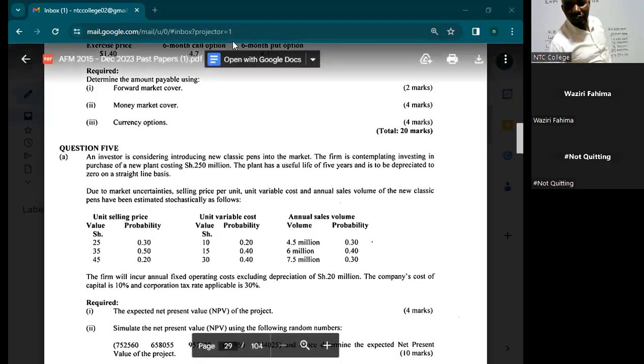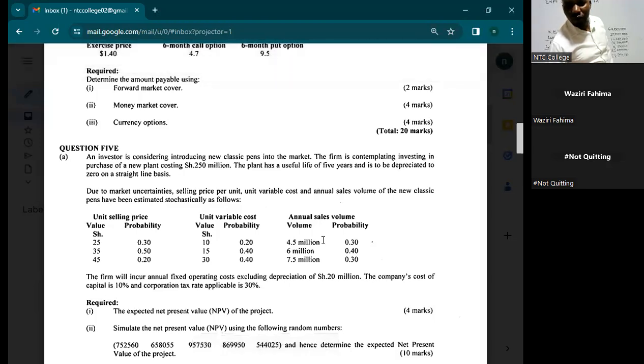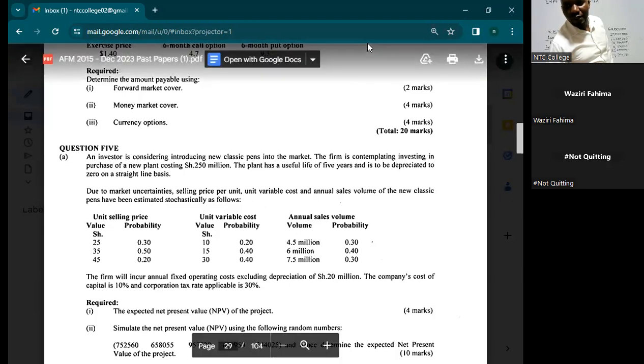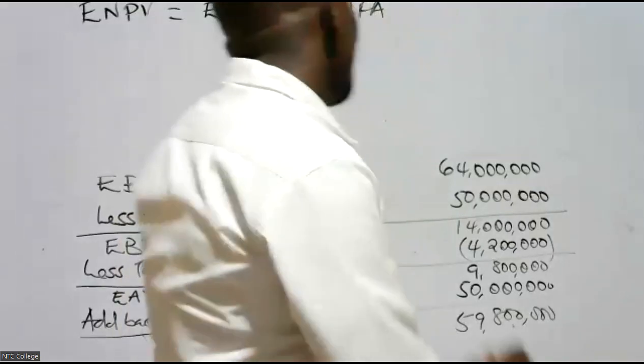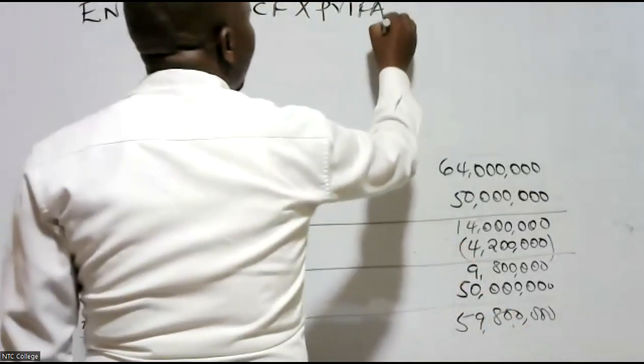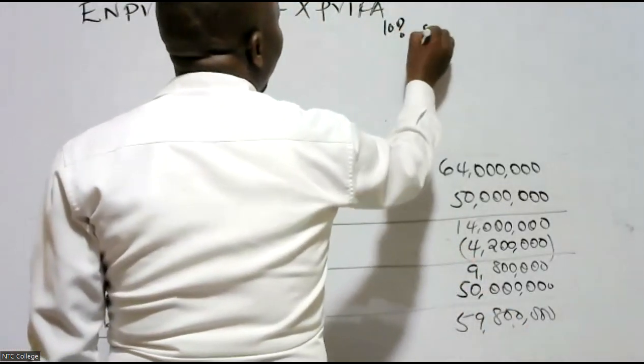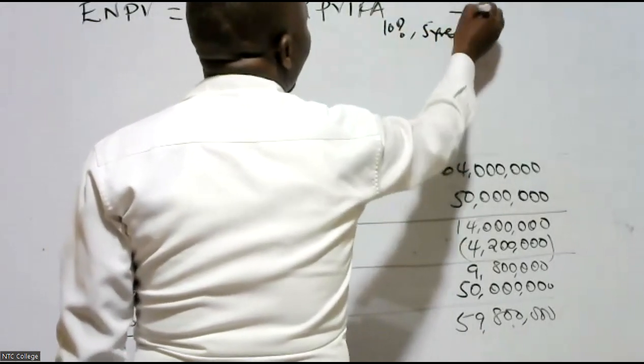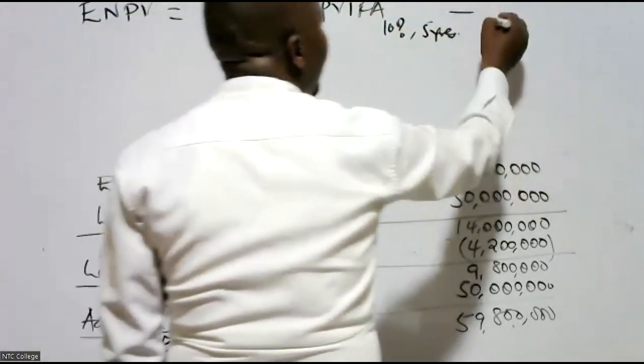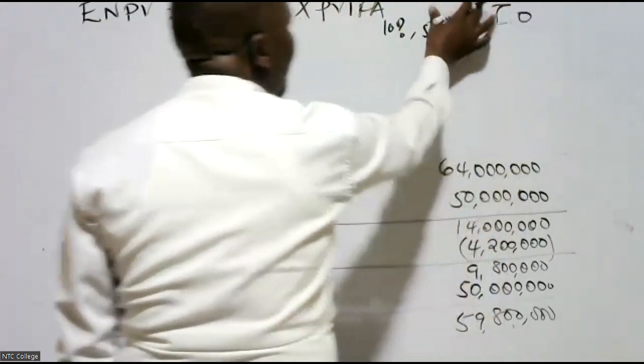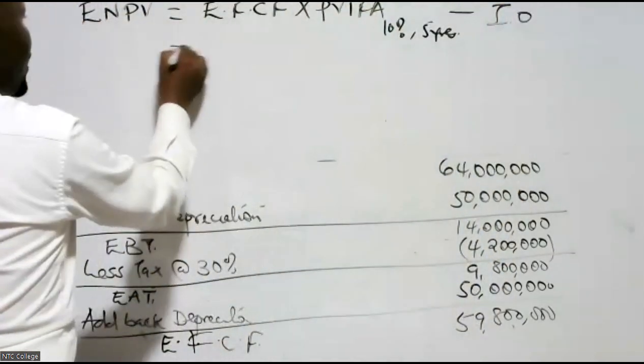So these are annual cash flows, and whatever we get as the expected sales volume is per annum. So we can comfortably say it is 10%, 5 years. We don't have IO, so we only say that now minus IO. We don't have salvage.